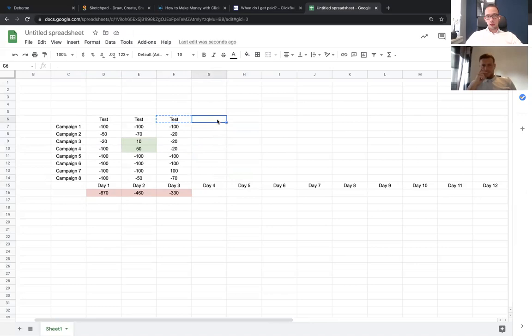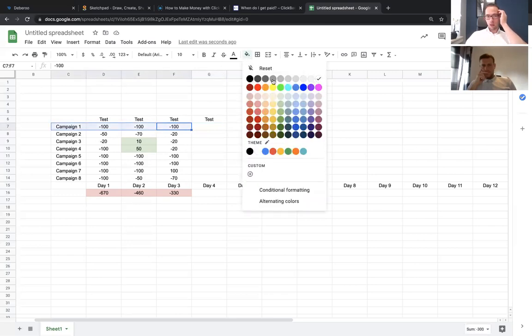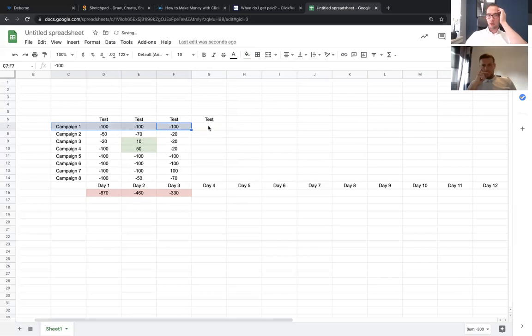Okay, now we say there's still some testing going on. We know that this campaign at minus 300 is not going to do anything, right? So we just black it out. This one is done. This one, minus 50, minus 70, minus 20, is not coming into strong profitability. This one goes more down.